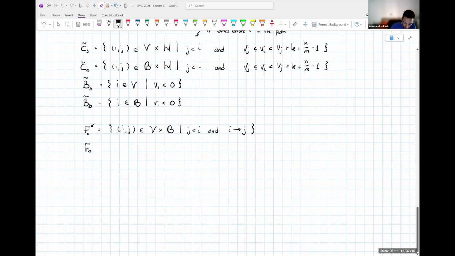Analogously, we call F B with the same arrow. The same thing, except now both labels are big, so we have J less than I. Now we need the condition Wi less than Wj because they're both big; they can have either inequality. I attacks J. And finally, the attack relations in the other way around.